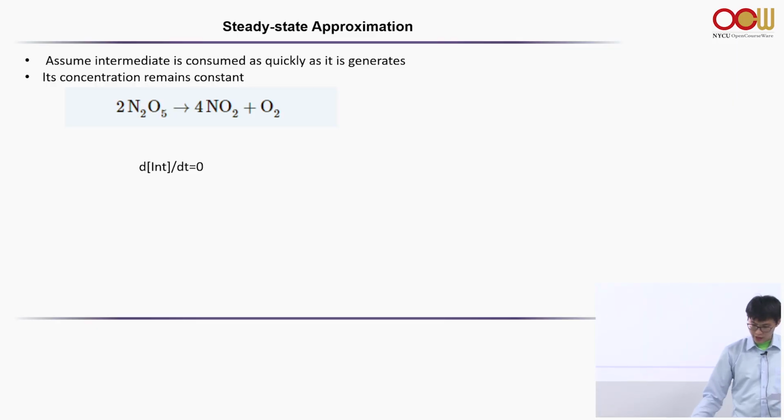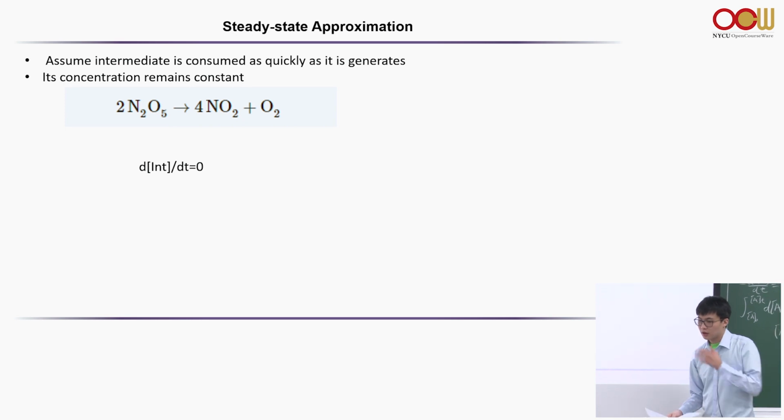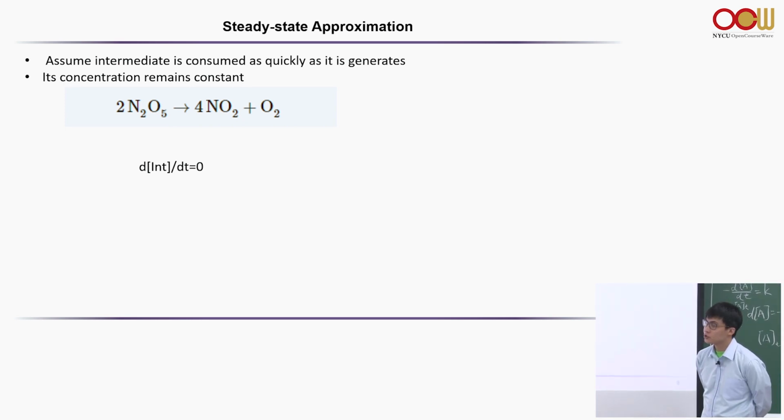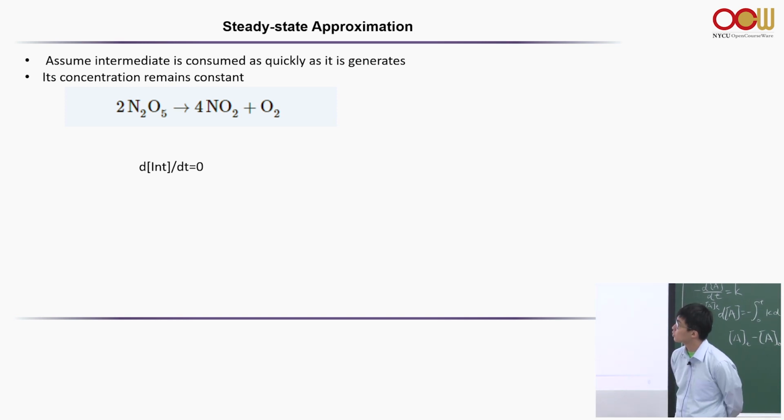So let's look at this steady state approximation. In this reaction, this compound will become nitrogen dioxide and oxygen. And if we assume the intermediate in this reaction is consumed very quickly as it forms, that means it has reached a steady state.